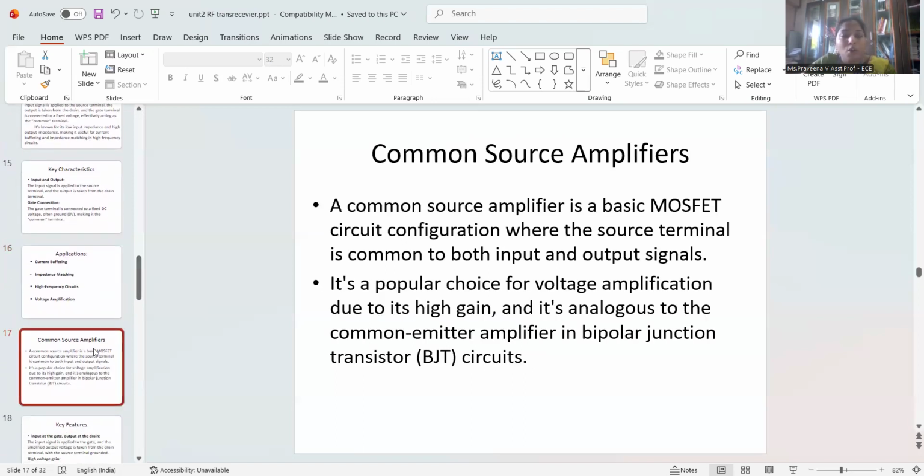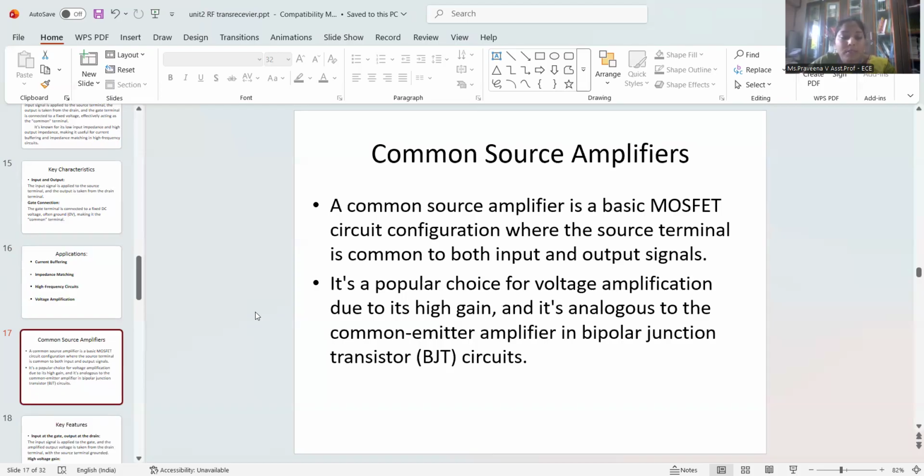Now let us see the common source amplifier, right? The common source amplifier in MOSFET circuits is similar to the CE amplifier in bipolar junction transistor circuits.